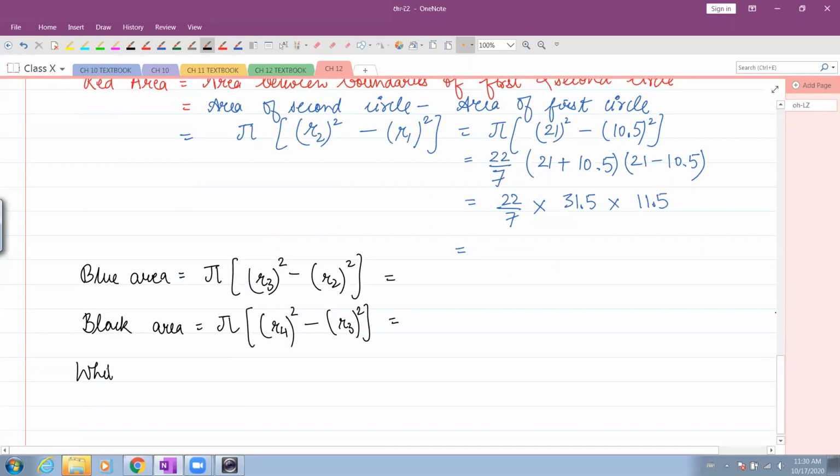And then finally the last one, the outermost fifth circle's area minus the fourth circle's area. I hope this is something you can do on your own, the calculation part. I am taking up the next question now.